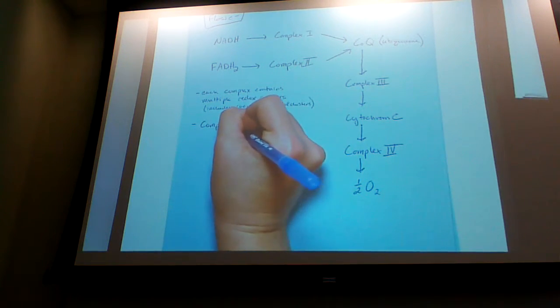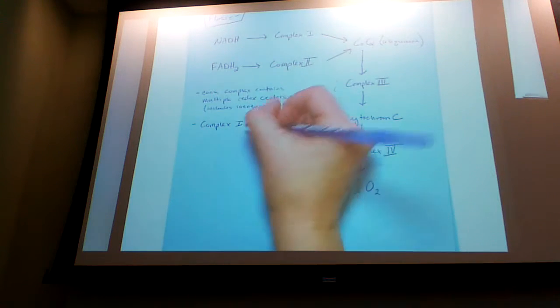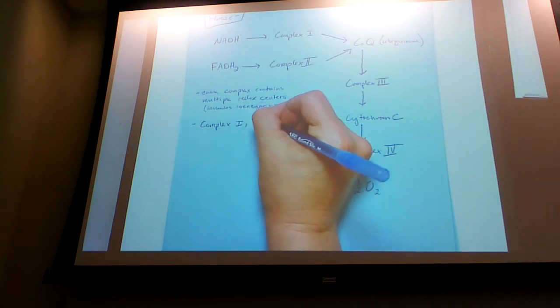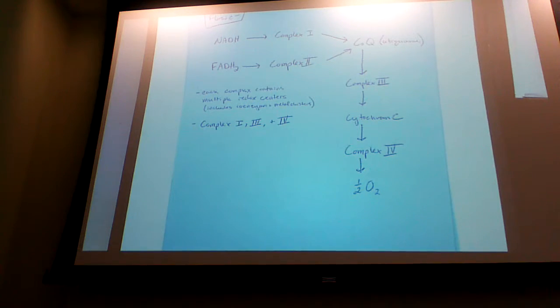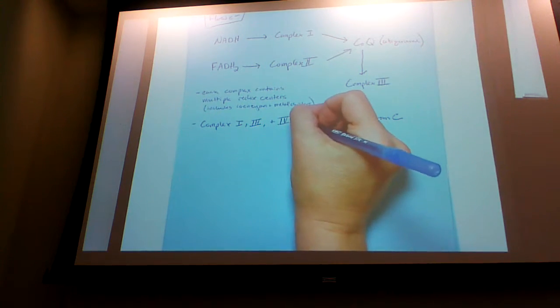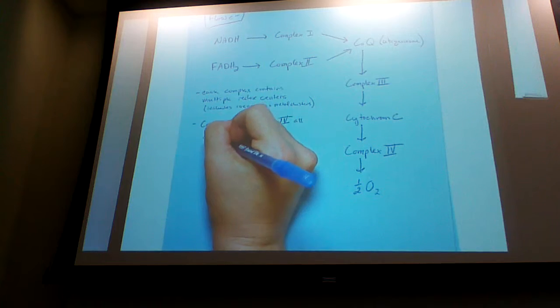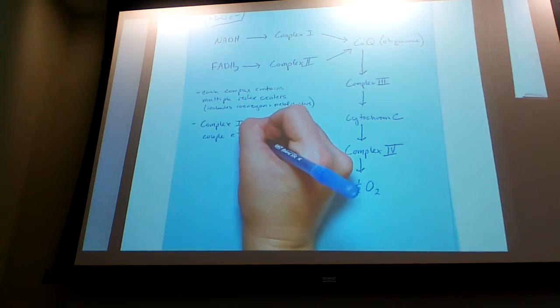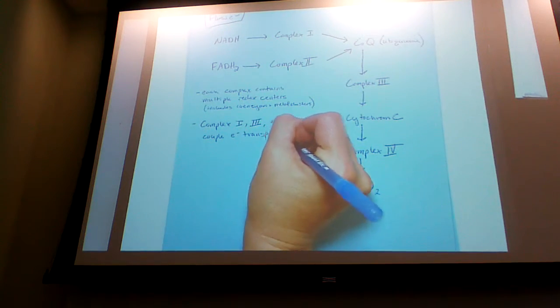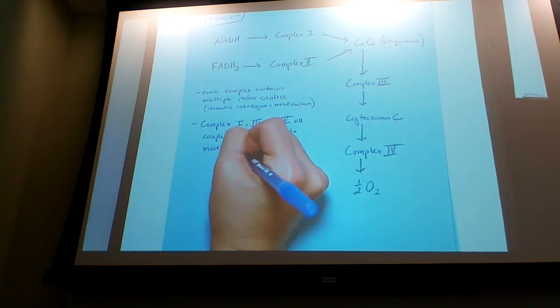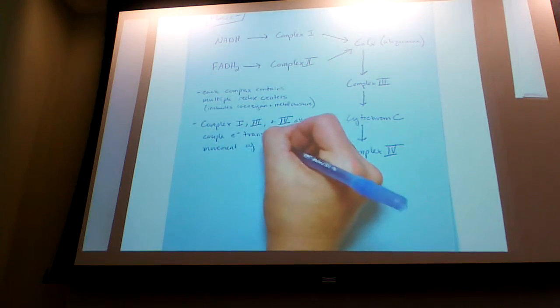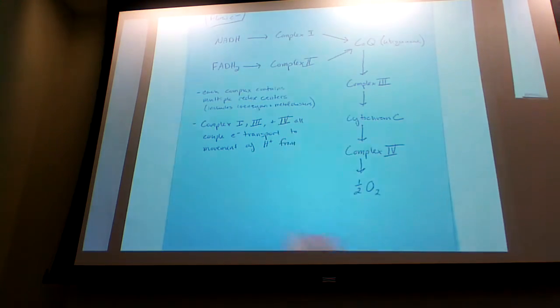Complex 1, 3, and 4 all couple electron transport to movement of protons from the matrix to the intermembrane space.